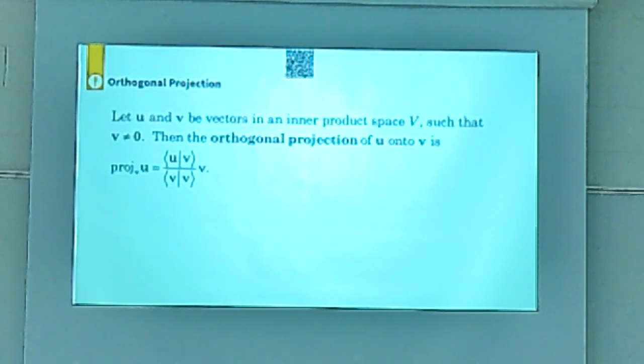Let U and V be vectors in an inner product space V such that V is not the zero vector.